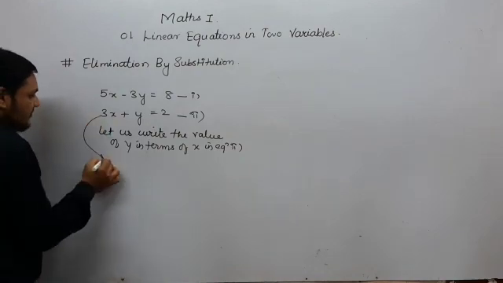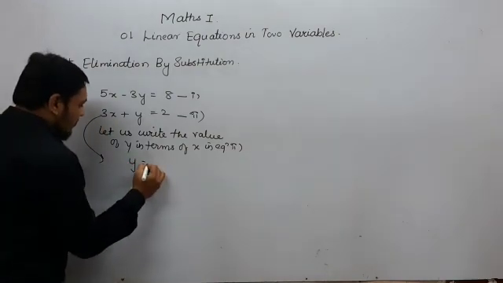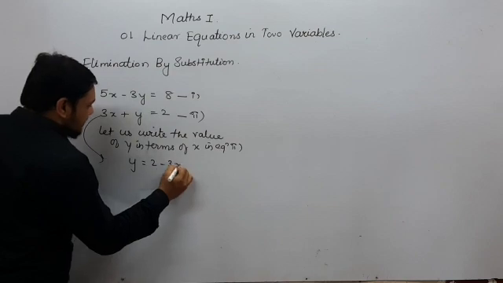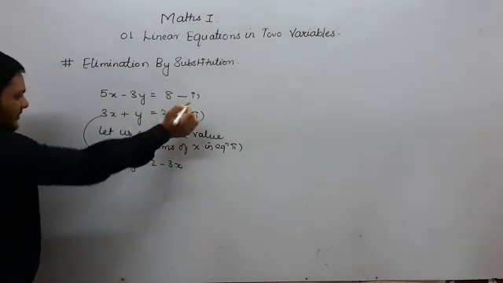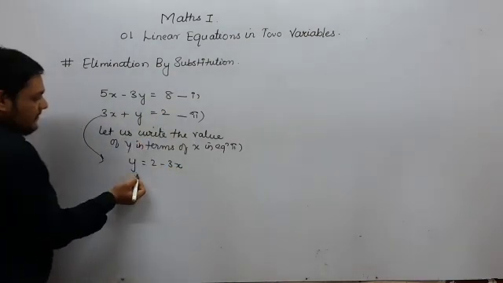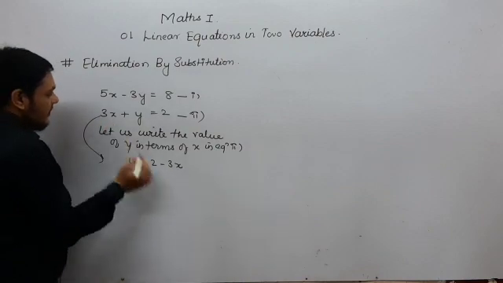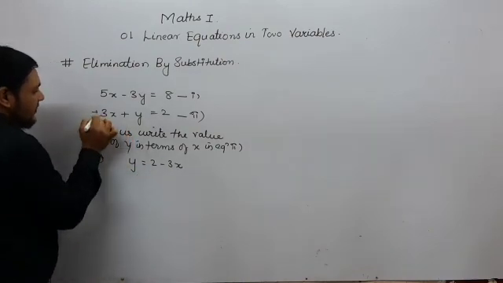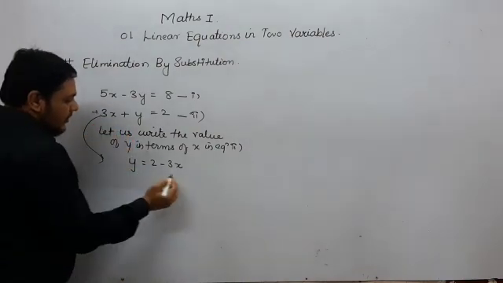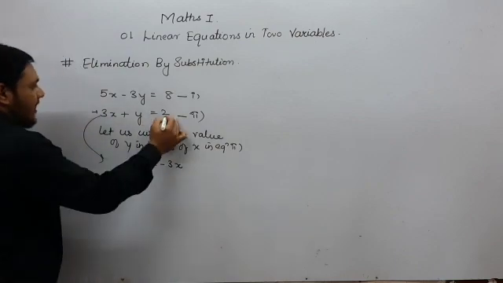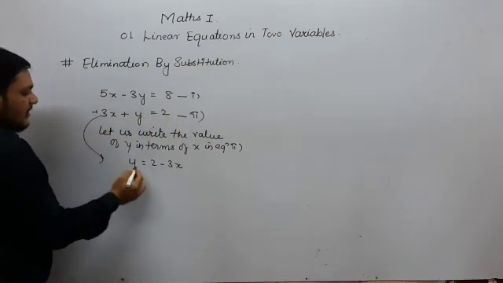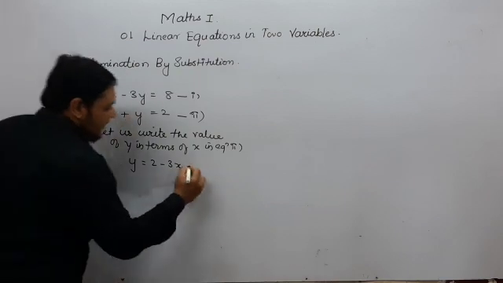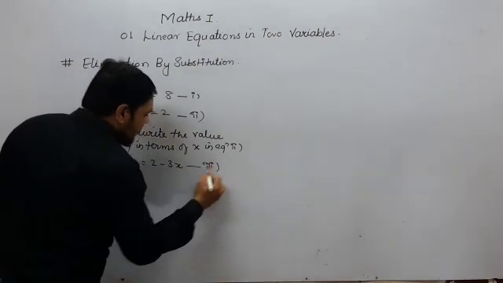So this equation will become y equal to 2 minus 3x. Here y will remain on the LHS, and the positive 3x will go to the RHS as negative. On the RHS there is already 2, so it becomes y equal to 2 minus 3x. Let this be equation number 3.